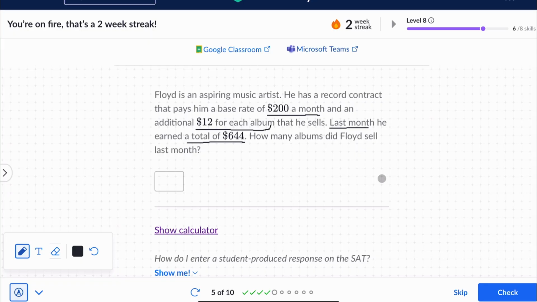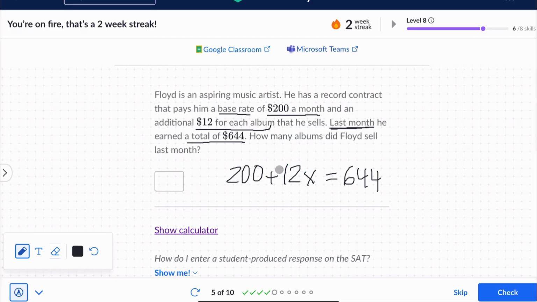So the total is going to be $644, and that's only in 1 month. So he was paid $200 for a base rate, plus an additional $12 for each album he sold, but we don't know how many albums, so it's X.